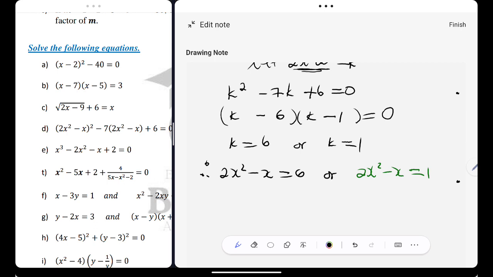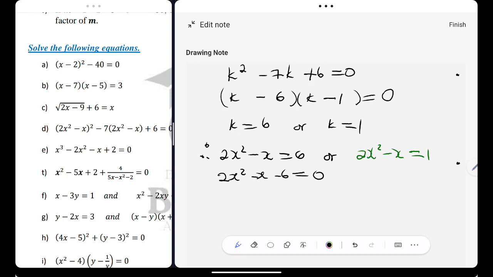Okay, for me to solve x, I must not have fractions, brackets and surds. I don't have them here, so I move to the second step, put everything in standard form. I'll have 2x squared minus x minus 6 is equal to 0 altogether.